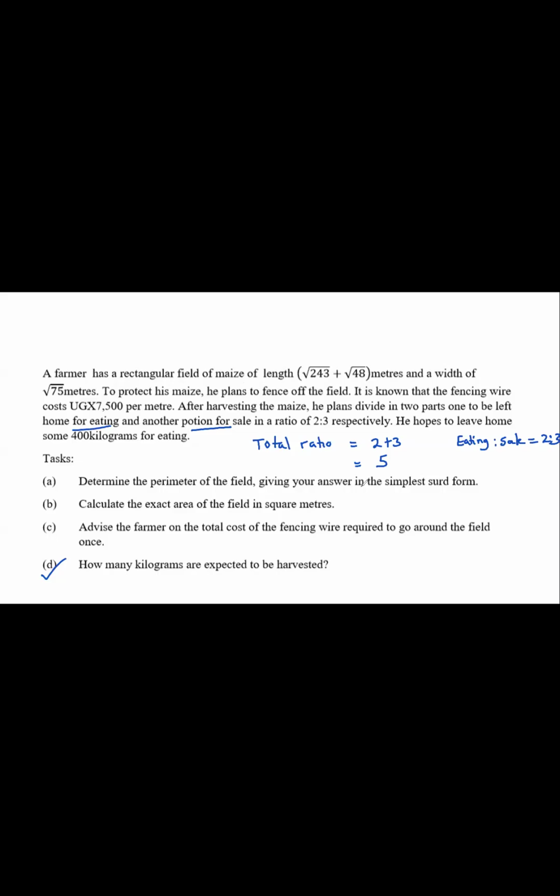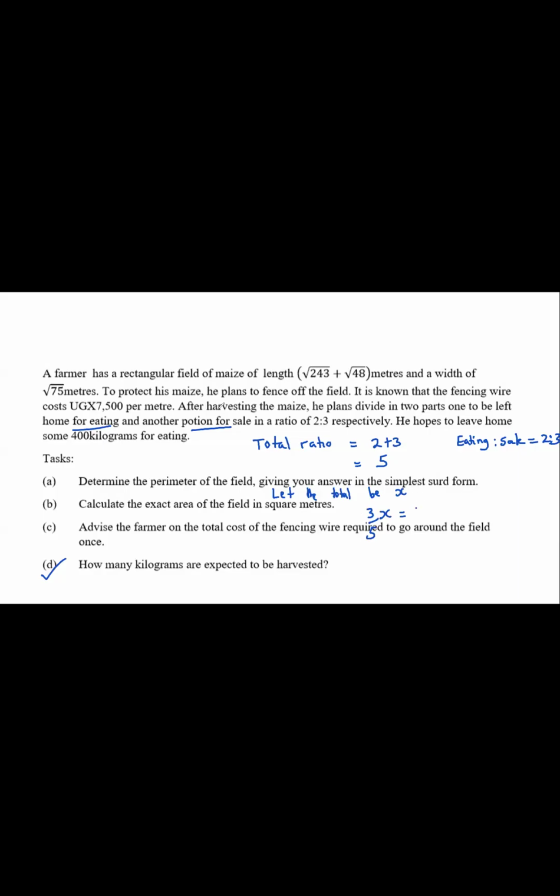Then let the total kilograms you harvested be X. Let's say 3 out of 5 of X is equal to 400.